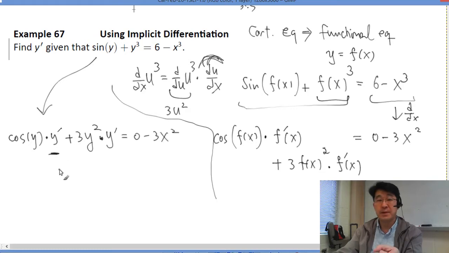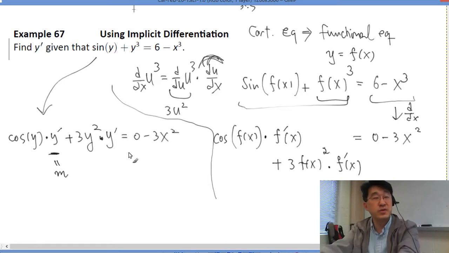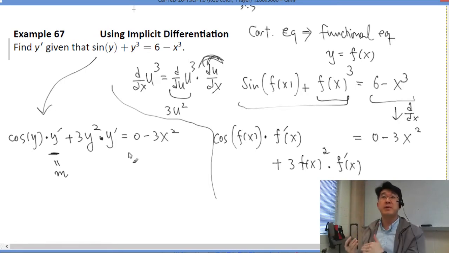Okay. So what does y prime mean? Derivative, right? But this is all about the xy coordinate system, right? In the xy coordinate system, the value of y prime means what? Slope of a tangent line, right? Y is the y coordinate, and x is the x coordinate. Now we enter the functional equation. Now you're coming back to the Cartesian equation, right?